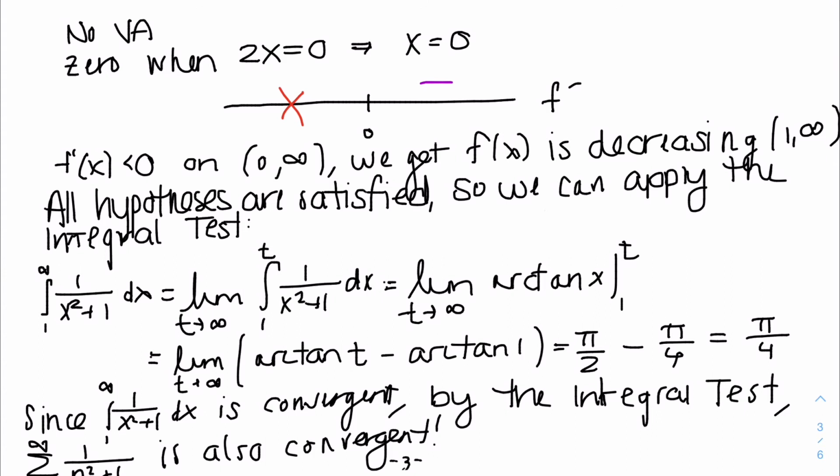So again, we have absolutely no idea what it's going to converge to. It's something between 0 and this bound that we got here. So something between 0 and pi over 4, but we really don't care what it converges to. We just care that it actually is convergent.